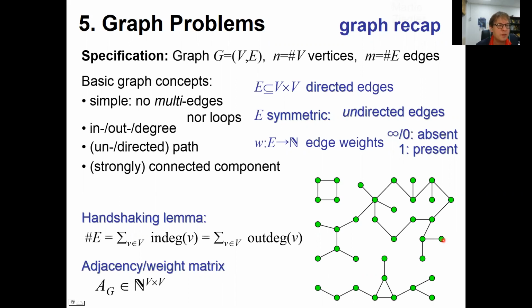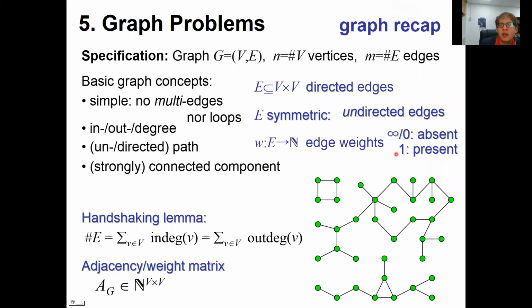Let me say that again, in order. Vertex T is connected to vertex S if there's a path from S to T that respects the orientation. A set of vertices is connected if there's a path between any two of the vertices. And the connected component is the largest subset of connected vertices.